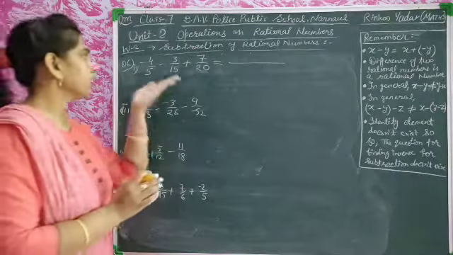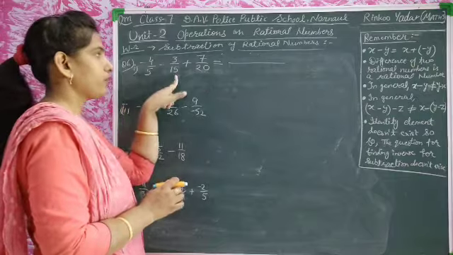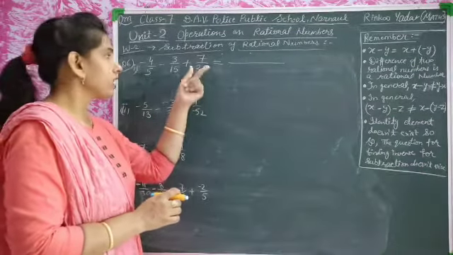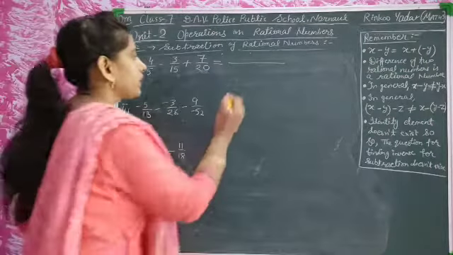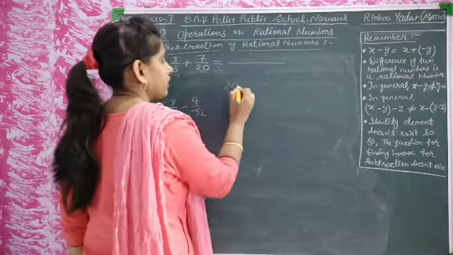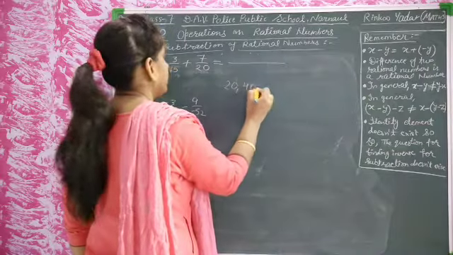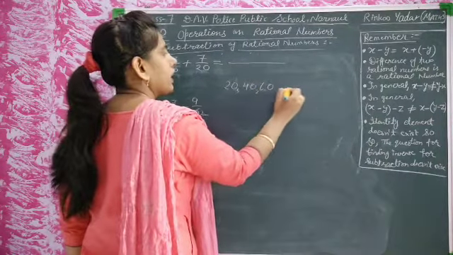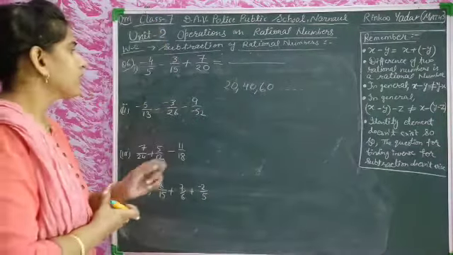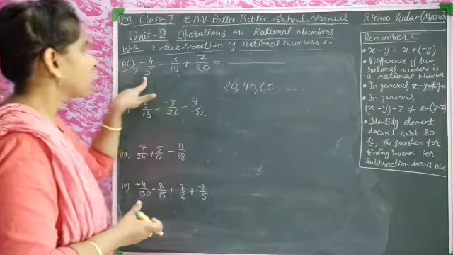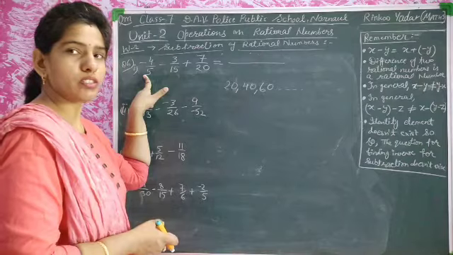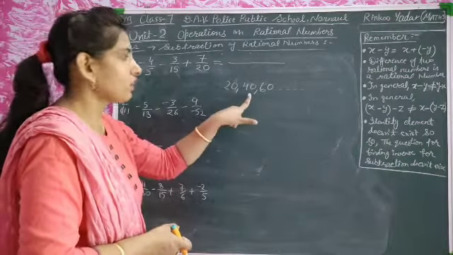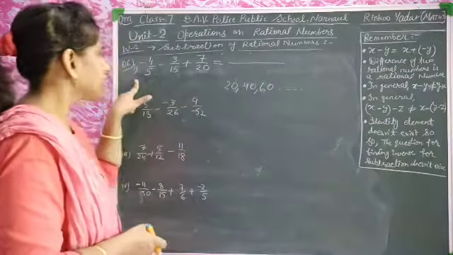Taking the tables of 5, 15 and 20, which number is the greatest? 20. Taking the 20 table: 20 ones are 20, 20 twos are 40, 20 threes are 60, and so on. Which number is divisible by all the numbers? Is 20 exactly divisible by all the numbers? Is 40 divisible by all the numbers?